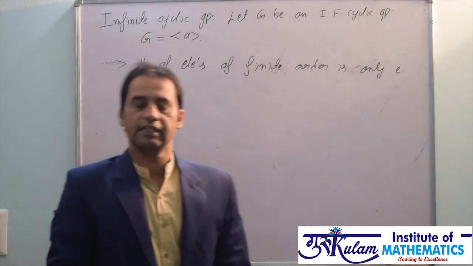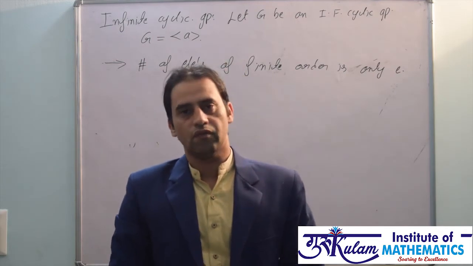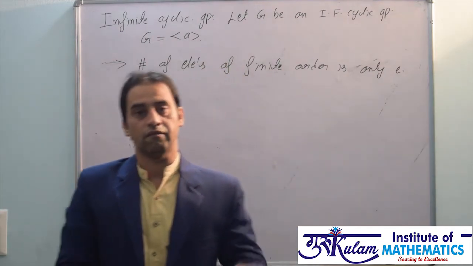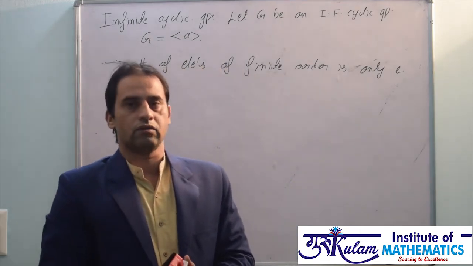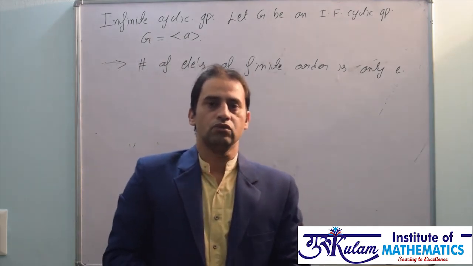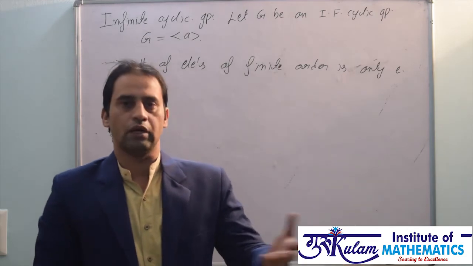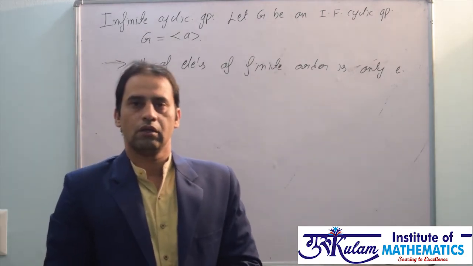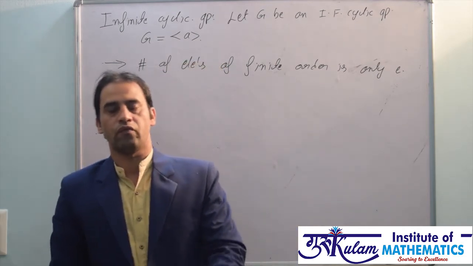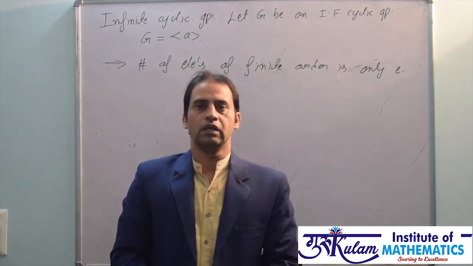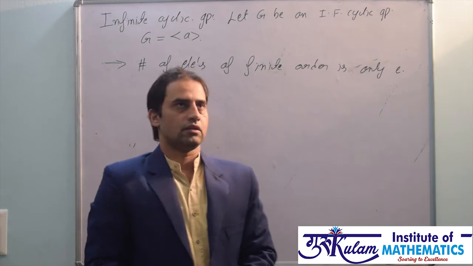That is, the identity is the only element which is of finite order, or we can say every non-identity element is of infinite order. So you can use this property if you have an infinite order group in which there is a non-identity element which is of finite order, then it must be non-cyclic.